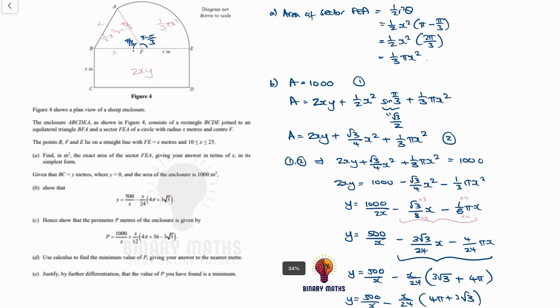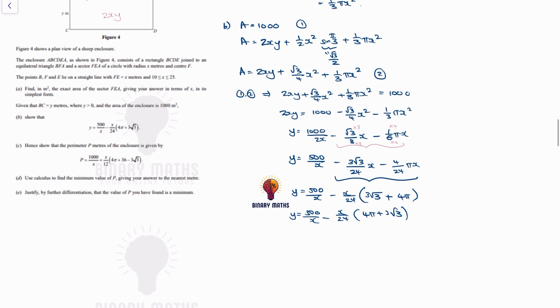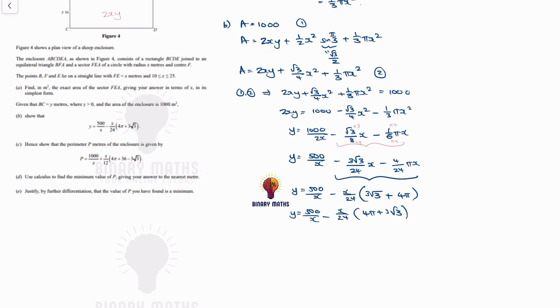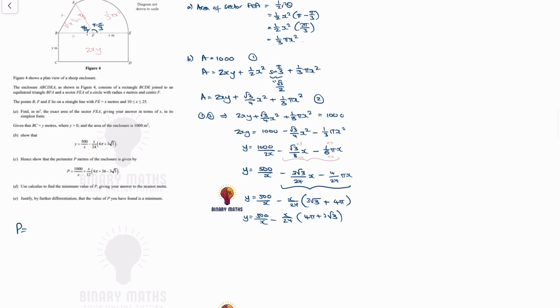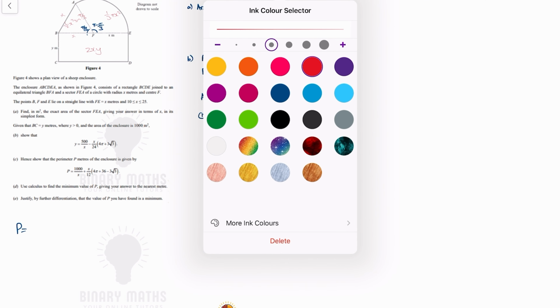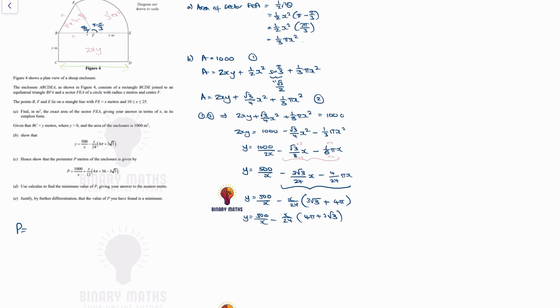Okay, C, hence show the perimeter P is equal to that. I've just shown that, sorry, that's B. So the perimeter is equal to, let's use a different color, let's get green now, 2x plus y plus y plus x plus the arc length.